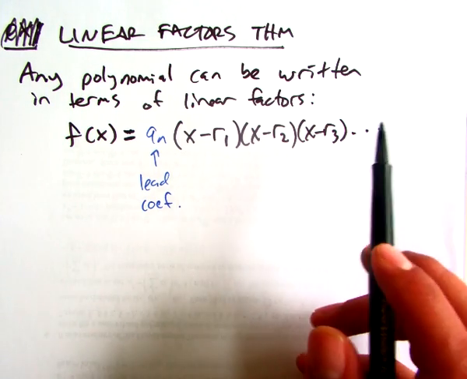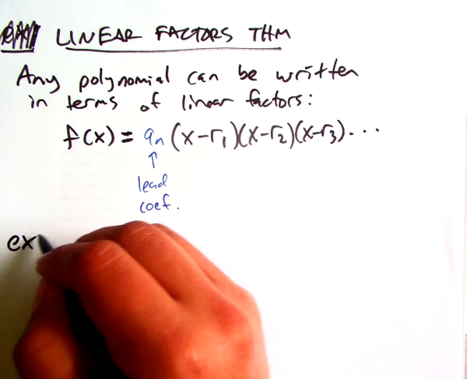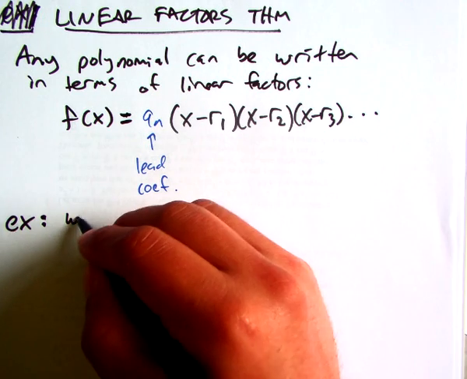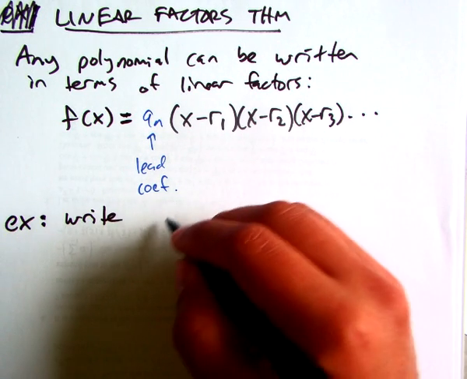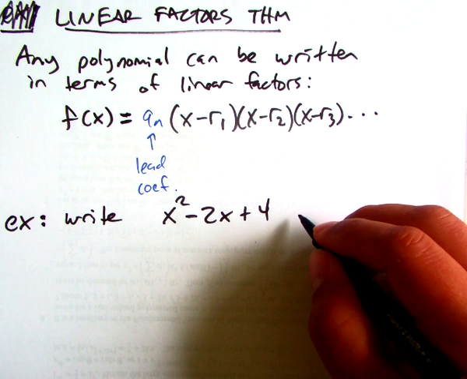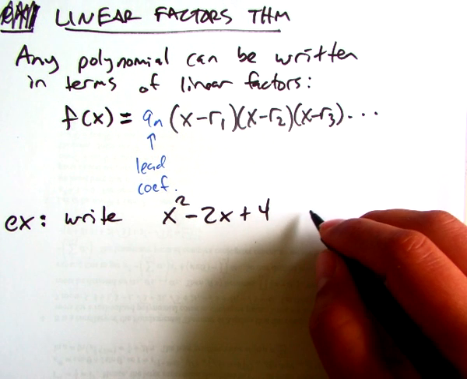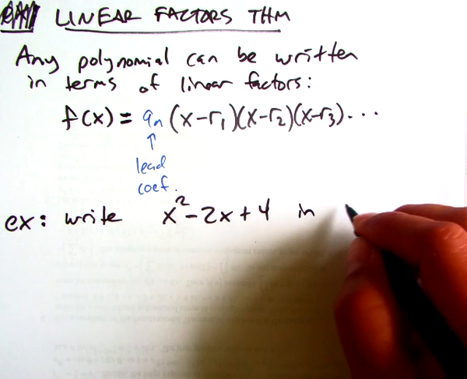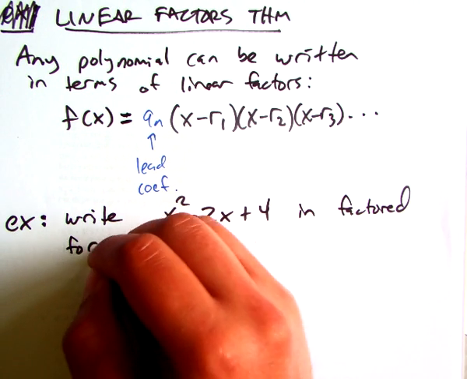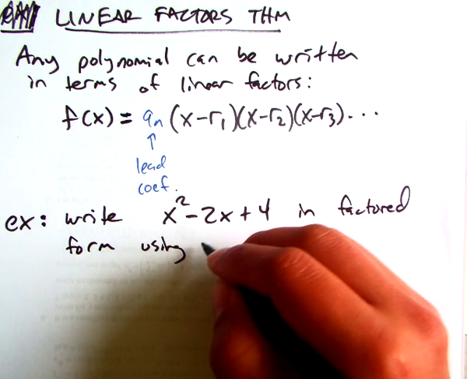Okay. For example, let's write x squared minus 2x plus 4 in factored form using the linear factors theorem.